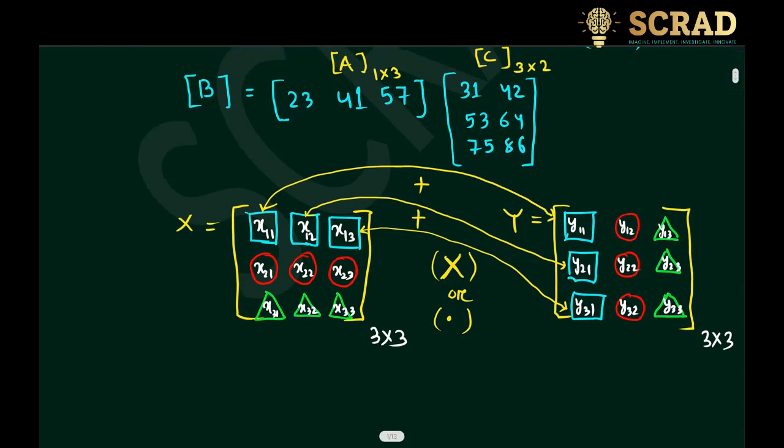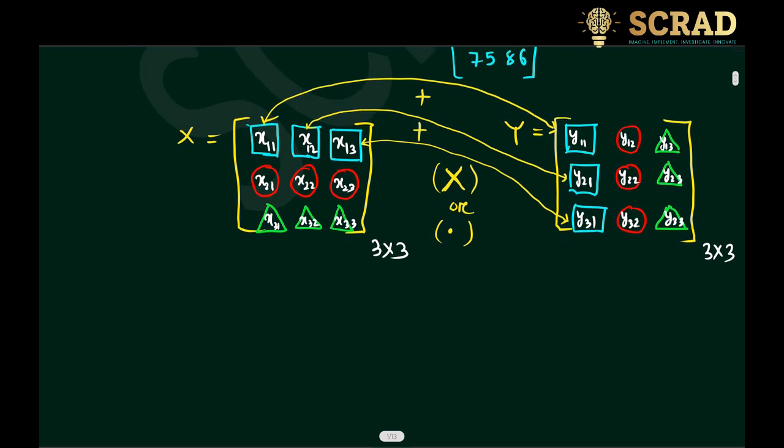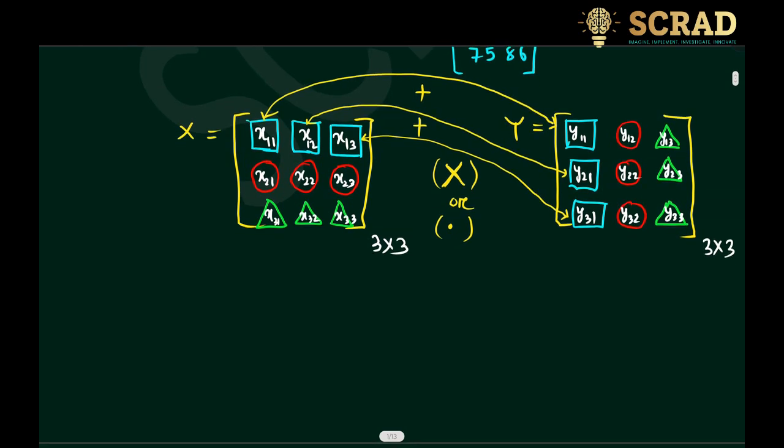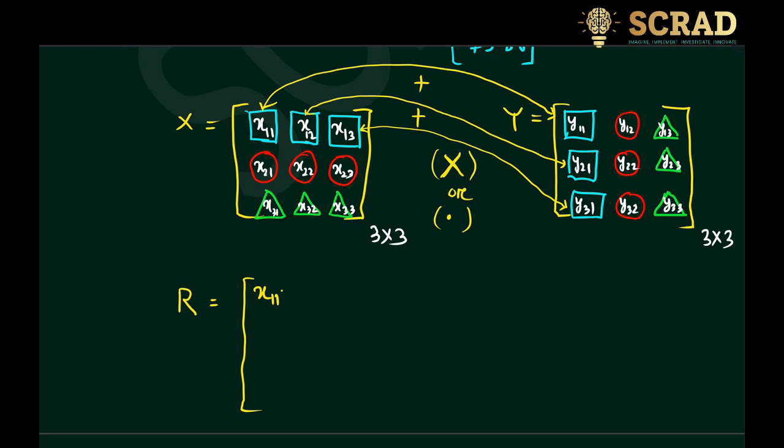Suppose I denote the resultant matrix as R. What is the first element I am going to get? That is x 1 1 into y 1 1 plus x 1 2 into y 2 1 plus x 1 3 into y 3 1.